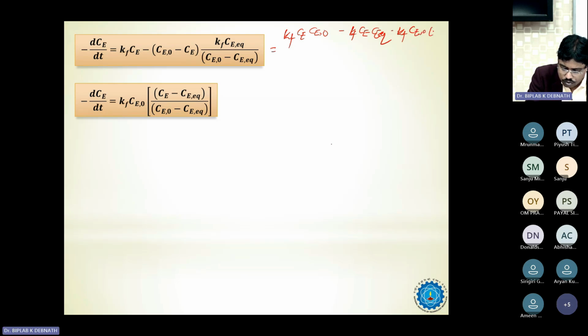So let us bring down the C part. If we do the multiplication, then we have Kf into C into C naught, minus Kf into C into C equilibrium, minus Kf into C naught into C equilibrium, plus, minus minus plus, Kf into C into C equilibrium.